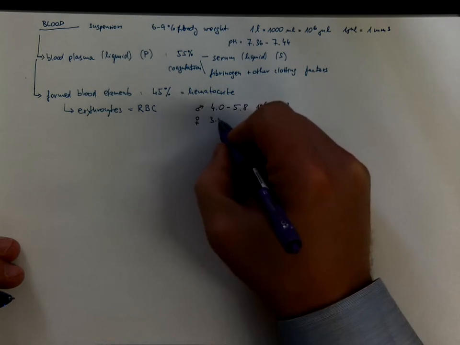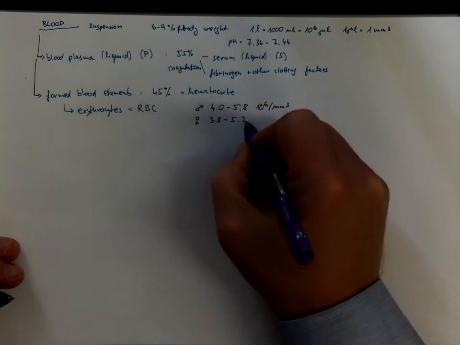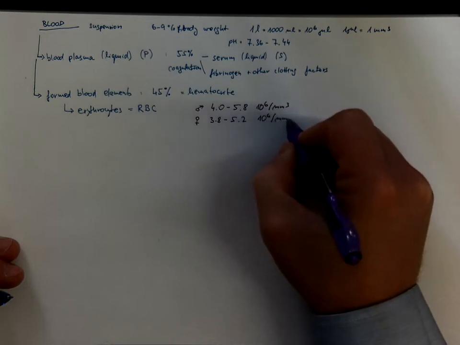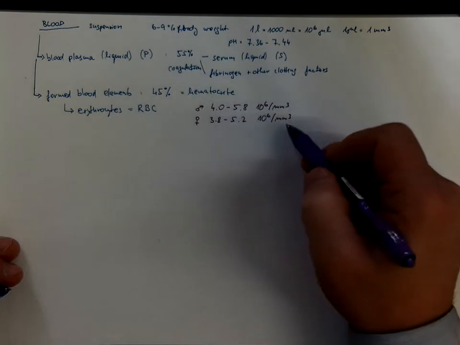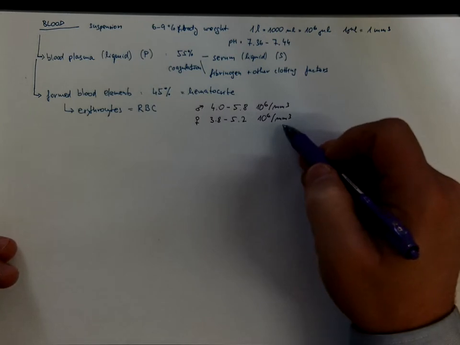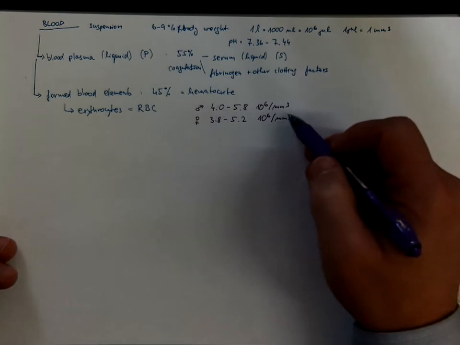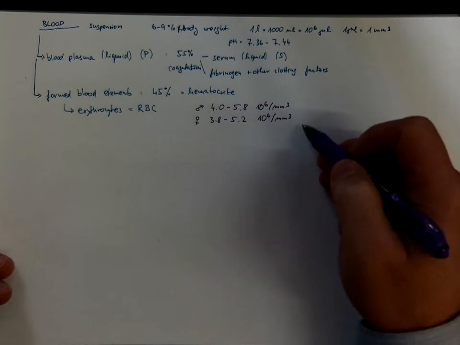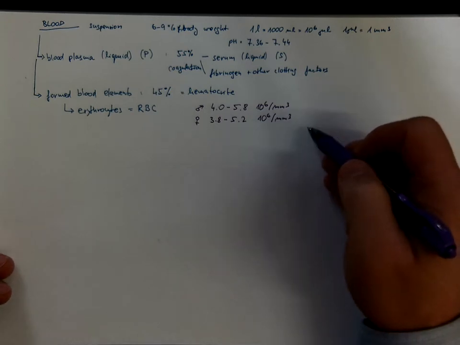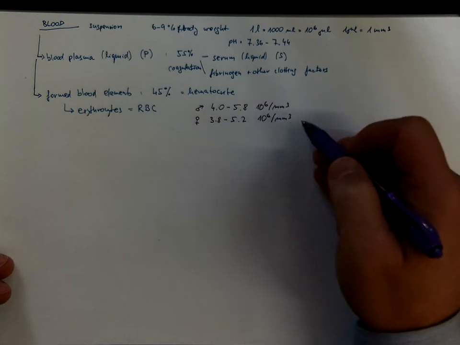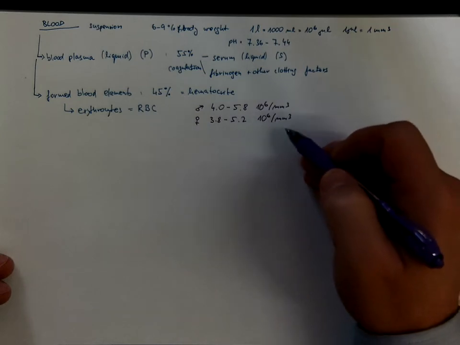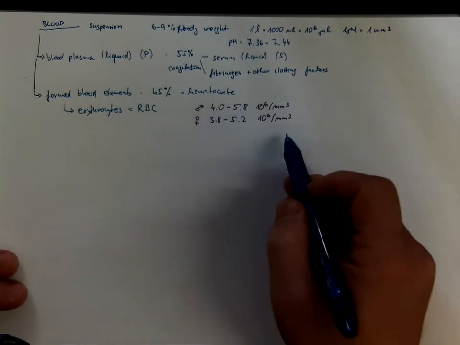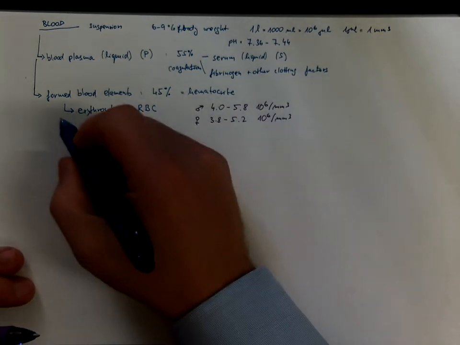In female it's 3.8 to 5.2 millions per cubic millimeter. Now all these reference values could vary in various labs, so when you're working as doctors, make sure to consult your lab which reference values are valid for your lab and for your population of patients. But it will roughly oscillate around these values.